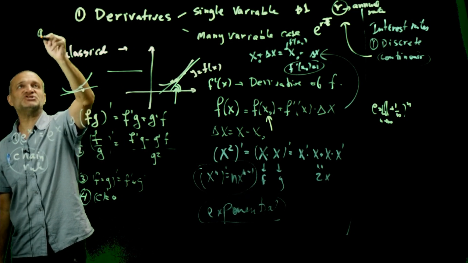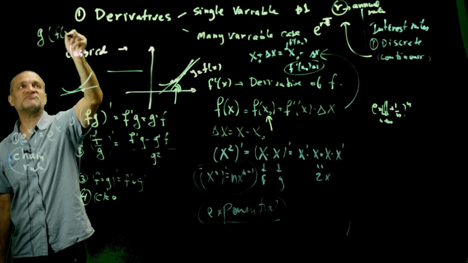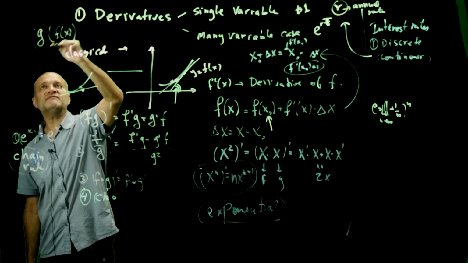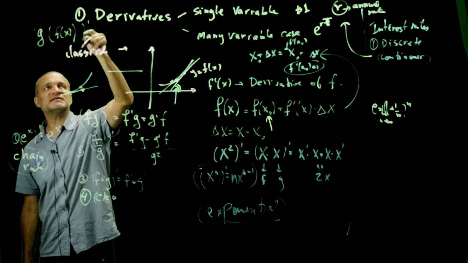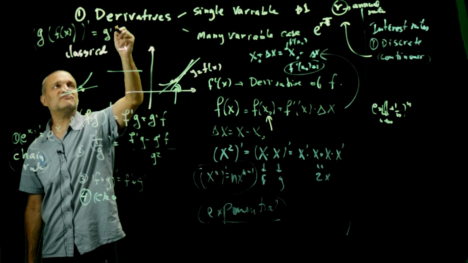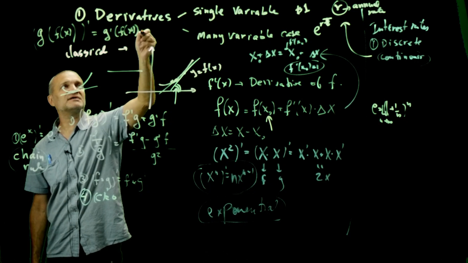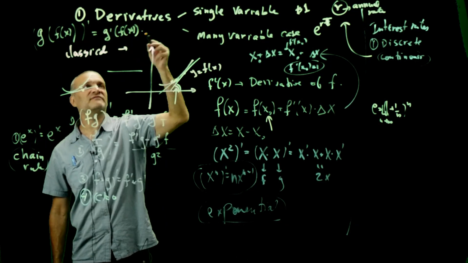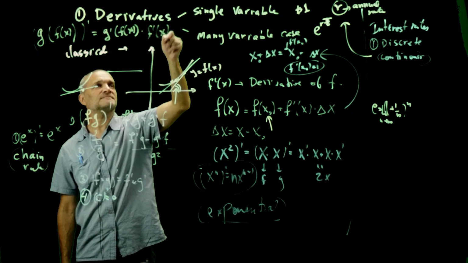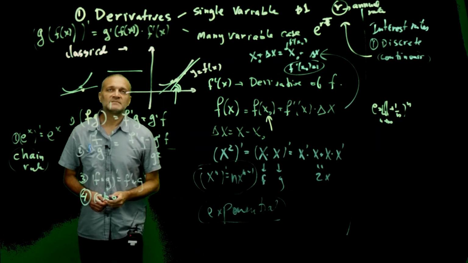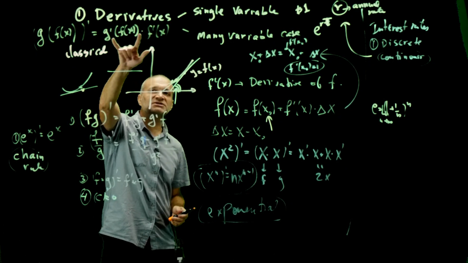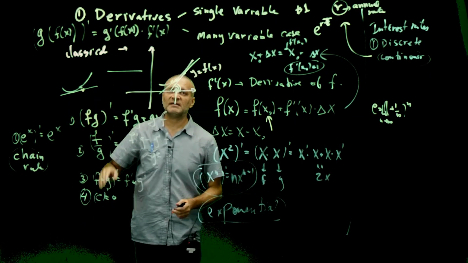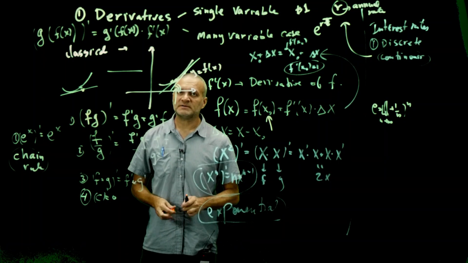If you have a function g, and you compose it with a function f, then the derivative of this composition evaluated at x is going to be the derivative of g evaluated at f of x, times the inner derivative, which is f prime of x. This is a very important rule. This is basically the key rule that makes this work.